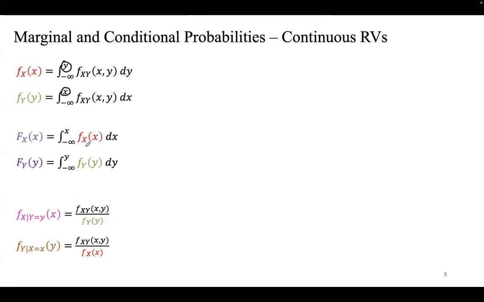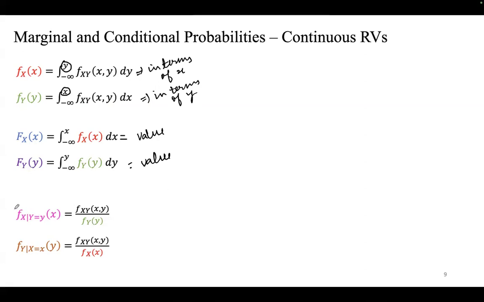Now, what we can do is integrate it up to a certain value of x. So the expression would be in terms of x. This would be in terms of y. This should be a value. We'll see another example in a minute.